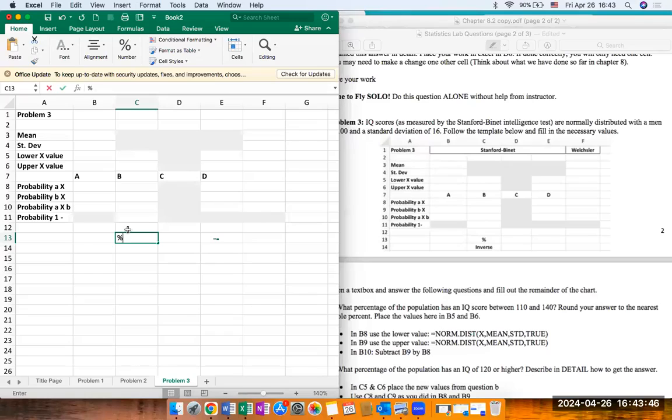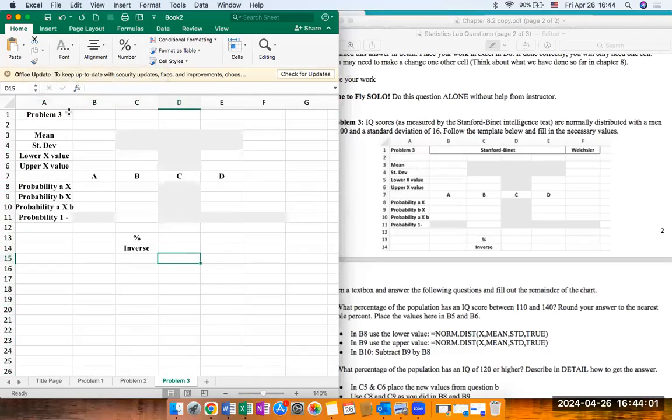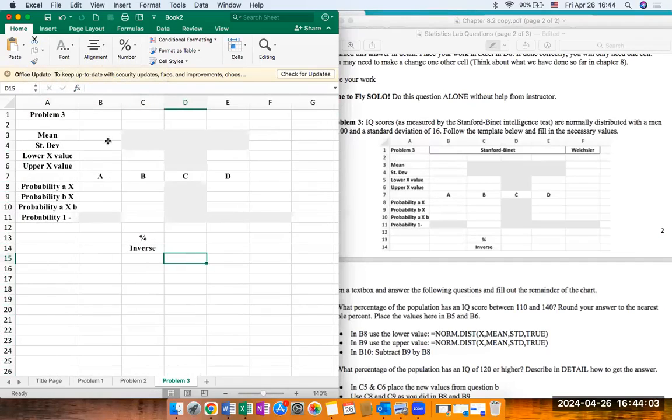Let's see, where's my percent sign? Percent and inverse. Okay. So I have all of that. I would like to make sure this is Times New Roman, center everything, so it looks nice to me. I just want to make sure everything is fully shown.